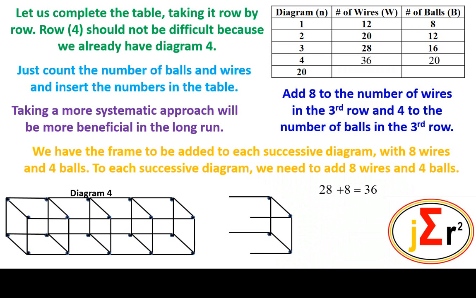We will add 8 to that, and the result is 36. And 16 balls in the third row. Add 4 to that, and the result is 20. The 36 will take its place right there, and the 20 right there. So if we are taking a more systematic approach, it will prove to be more beneficial in the long run, because in the long run, we'll have all the way up to diagram 20.